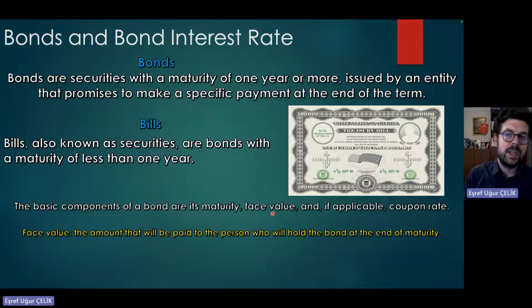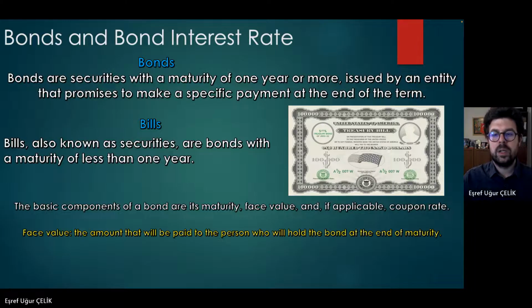So what's the definition of face value? First, we look at the formal definition, then we can talk about it. The amount that will be paid to the person who holds the bond at the end of maturity. For example, you buy a bond by paying 100 Turkish lira and its face value is 120 for 1 year later.